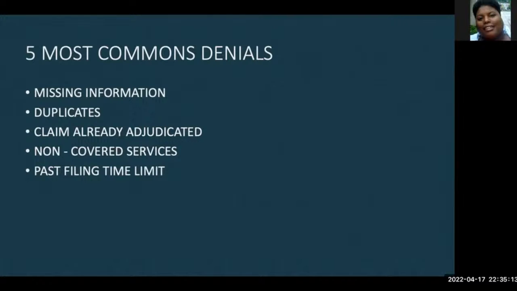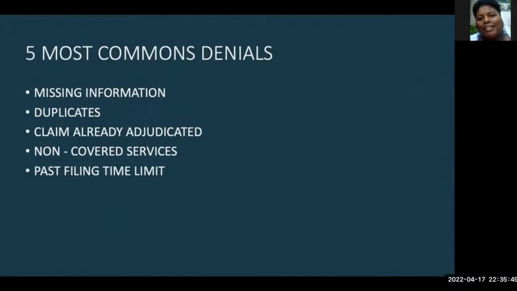Claims already adjudicated. Claims already adjudicated is an issue where, let's say maybe you did a service and the service had two CPT codes that you had to bill. But one of the CPT codes is inclusive with the primary CPT code. So they paid the primary CPT code, but denied the secondary CPT code as already adjudicated because the payment is included with the payment of the primary code.